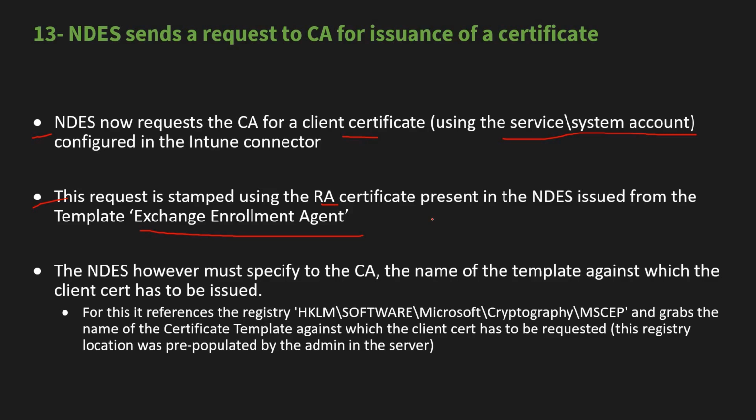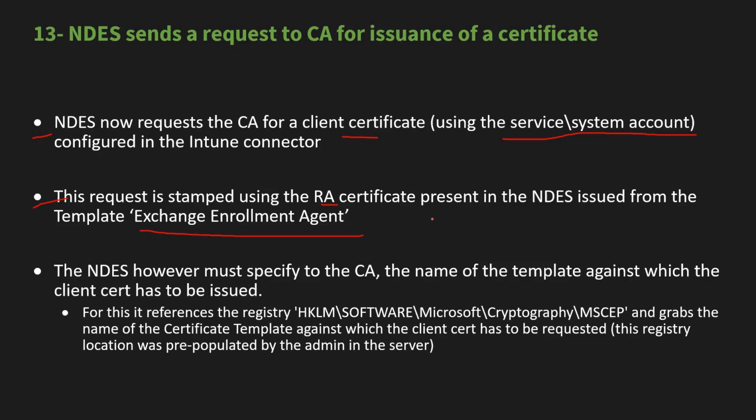But when the NDES server is going to the CA and requests for a certificate, the NDES server has to specify, right, from which template the certificate has to be issued. Like if I just go to the CA and tell the CA, you know what, give me a certificate, the CA does not know which template to use while creating a certificate.